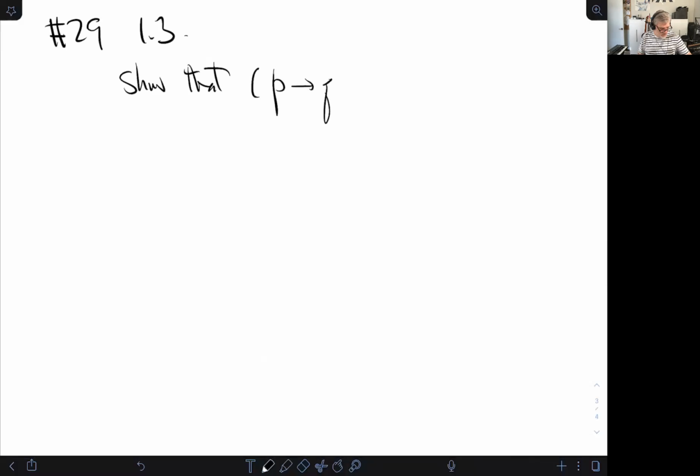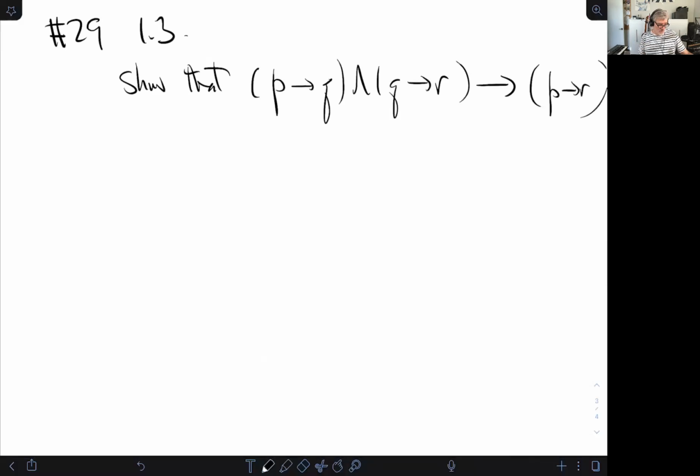Number 29 in section 1.3, we're asked to show that if P then Q and if Q then R, then if P then R. Here's a good place where rather than say if then, just use implies.